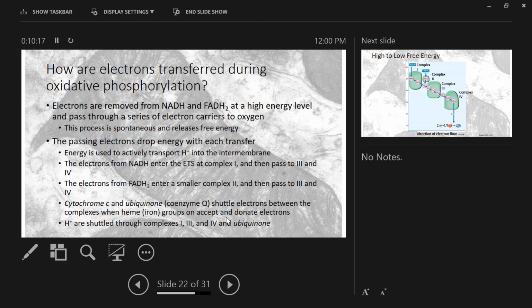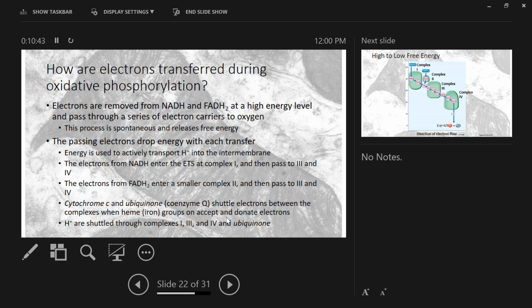So less hydrogen ions pumped against their concentration gradient is going to equal less ATP produced. So true or false? FADH2 is going to produce less ATP than the electrons on NADH. True or false? True. Okay? It's an important thing to keep in mind.